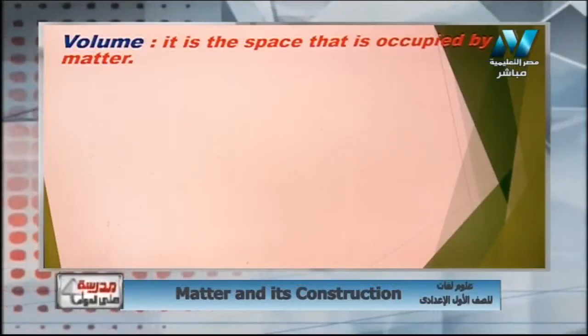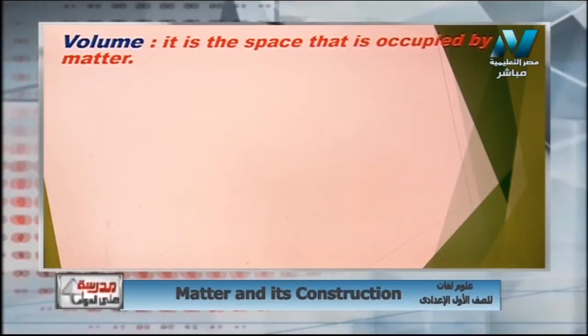It can't have more than 4 people because this is the only space, the only place that you can occupy. So each matter can take just a specified volume. So volume, as you see on the monitor, is the space that is occupied by matter.